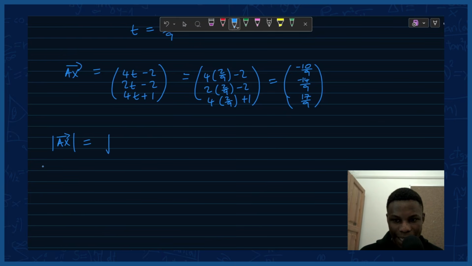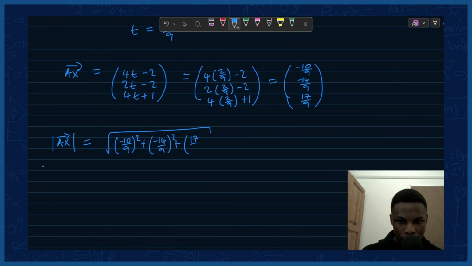So that's going to be the square root of each component squared. So minus 10 over 9 squared plus negative 14 over 9 squared plus 17 over 9 squared. So let's punch that into the calculator.